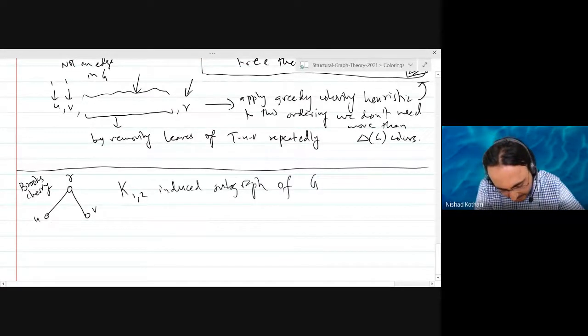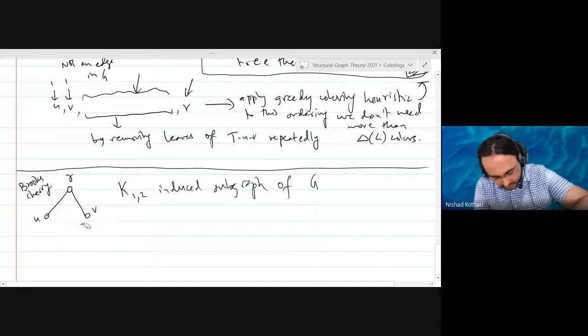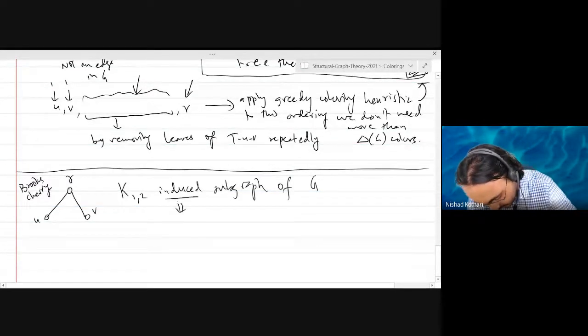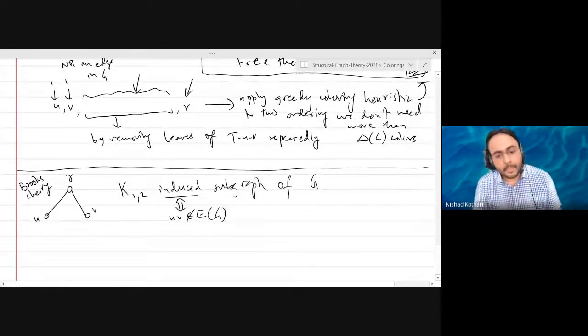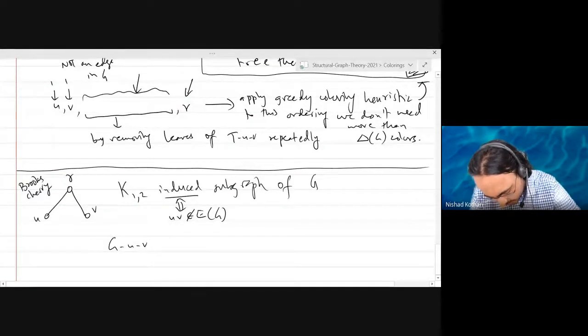What does induced mean? Induced means that these two are not adjacent. Okay, because then it would not be an induced subgraph if they were adjacent in the graph. Right? So induced subgraph simply means UV is not an edge of the graph. And on top of that, I want the graph G minus U minus V to be connected.